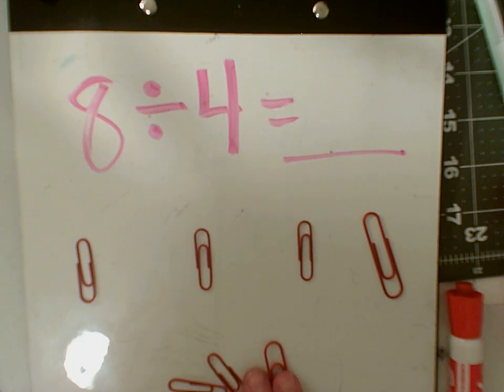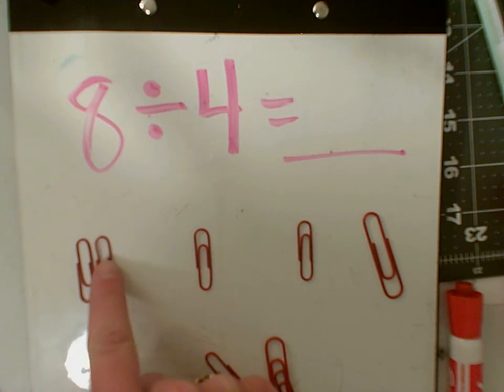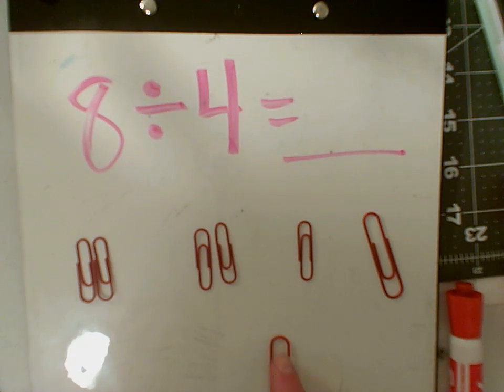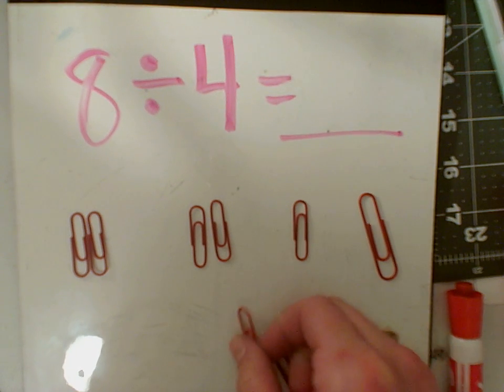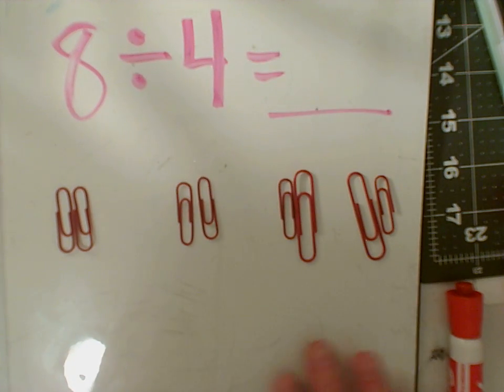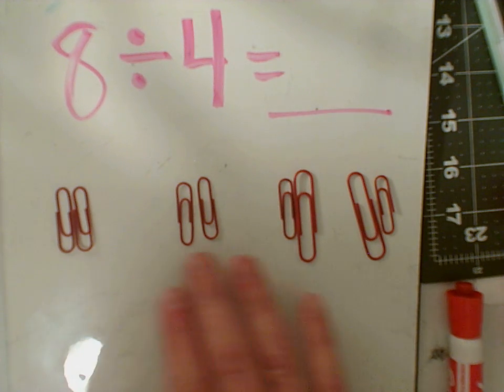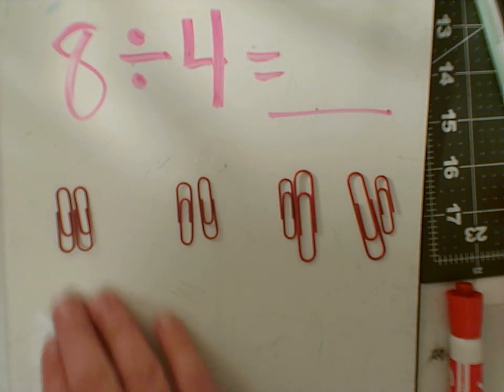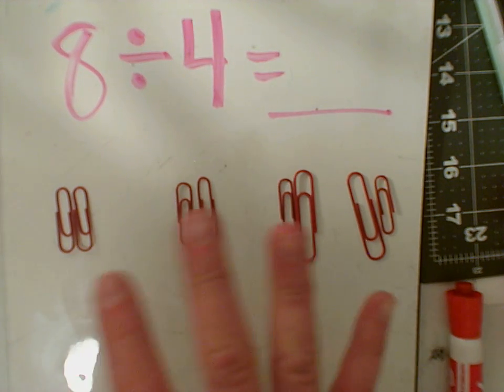Now let's keep distributing my paper clips until we're all done. All right, I'm out of paper clips, and I was able to equally distribute my paper clips into 4 equal groups.